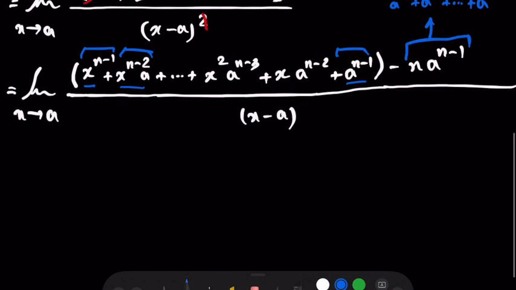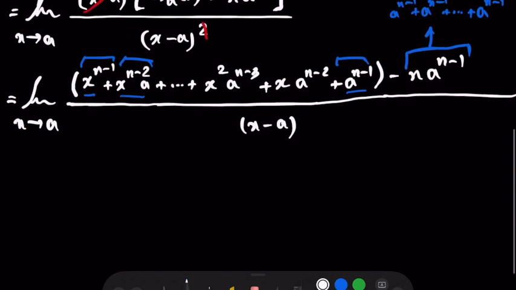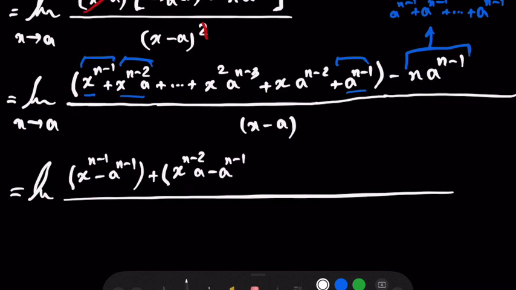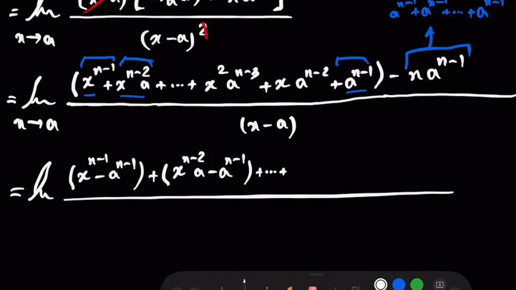So we rewrite the numerator again in this new form. We say it is equal to the limit of x to the power of n minus 1 minus a to the power of n minus 1, plus, now the second term, x to the power of n minus 2 a, again minus a to the power of n minus 1, plus, let's write the last terms.